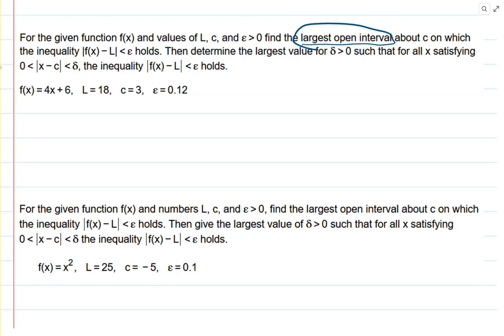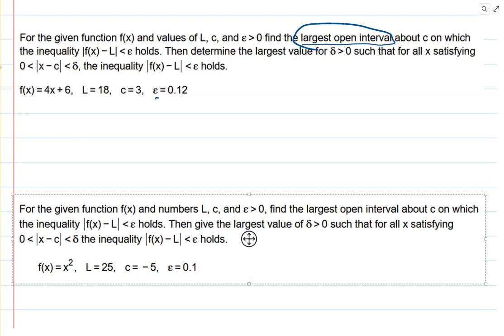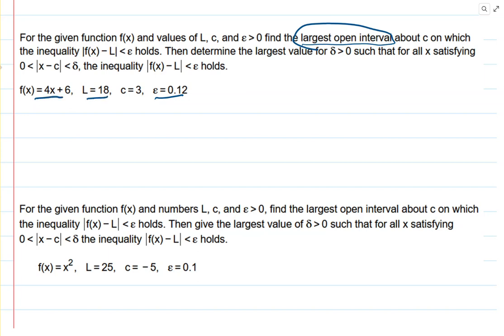Okay, so we work with what we have. We're given this, this, and this. Therefore, we're using the epsilon to find the value of x. Is everybody comfortable with that? All righty. So f of x minus L has to be less than epsilon. I'm going to put what I know.